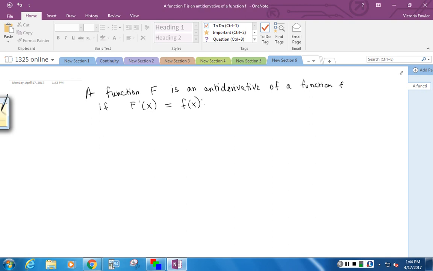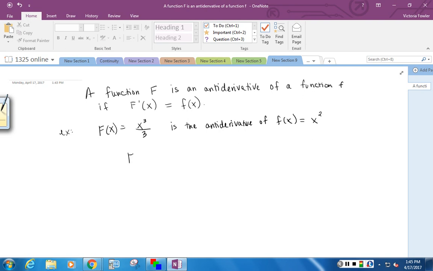Let's see what I mean as far as an example. Let's say capital F of x is defined as the function x cubed over 3. This is indeed the antiderivative of, let's say, little f of x equal to x squared. You can check it.